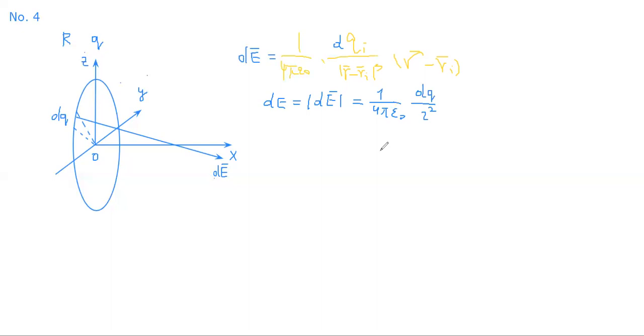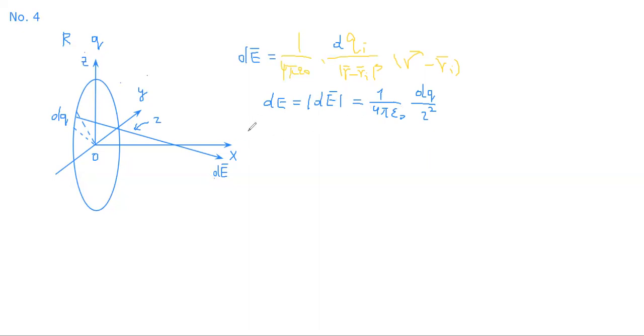And what is necessary to do? It is necessary to define r to the power of 2, squared r. R is here. This is r, a little letter r.